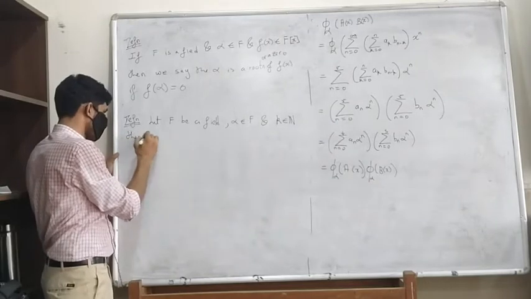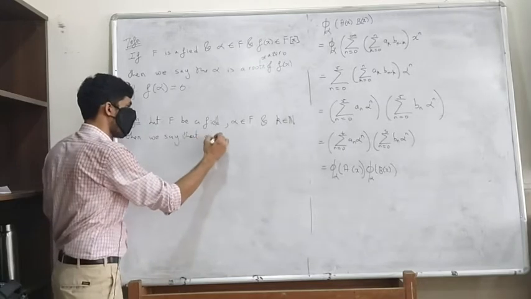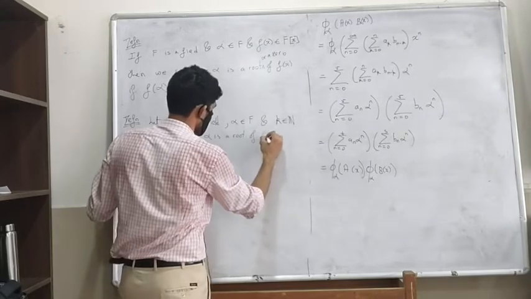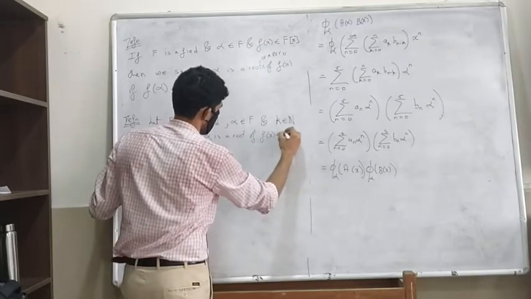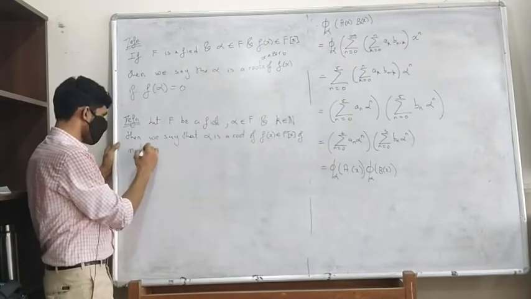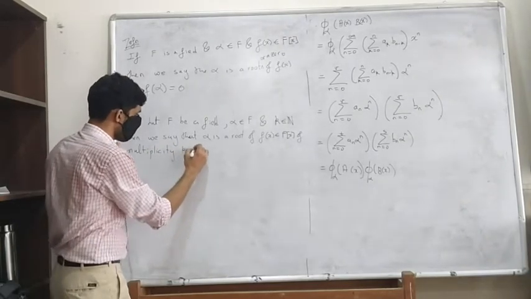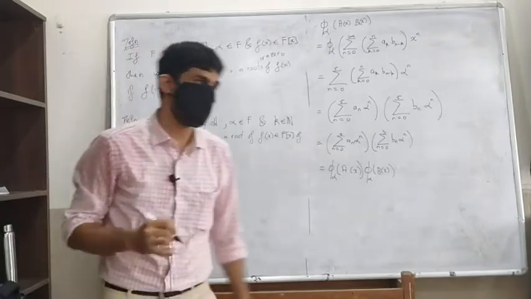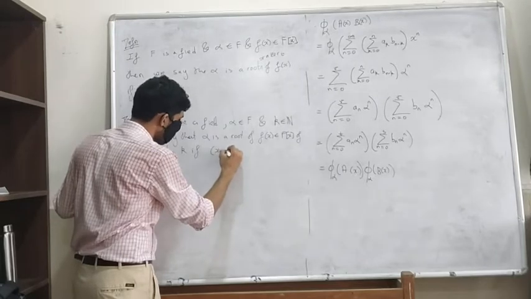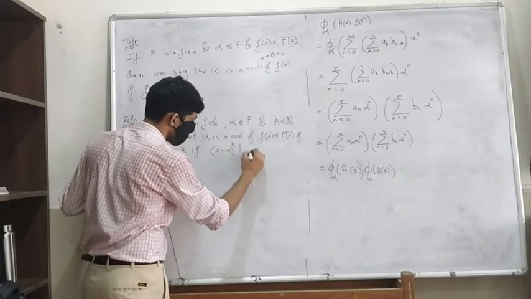Then we say that alpha is a root of f of x of multiplicity k if this polynomial, that is x minus alpha raised to k, divides f of x.